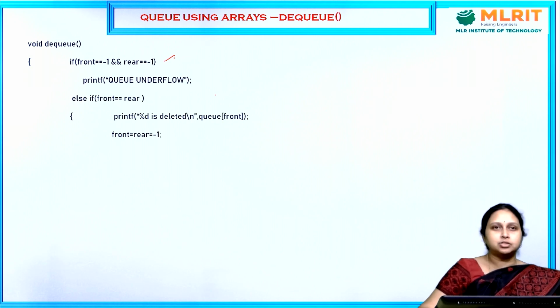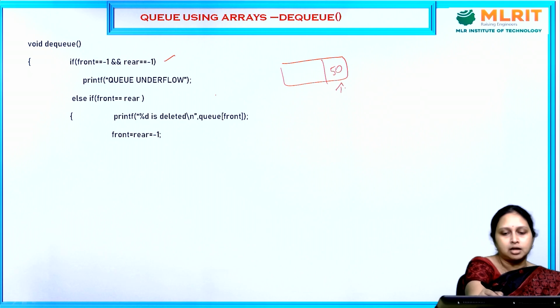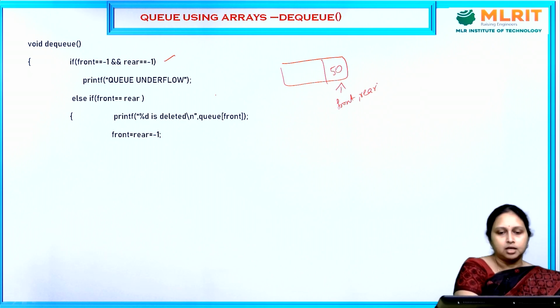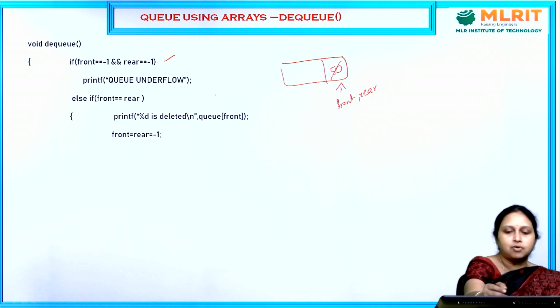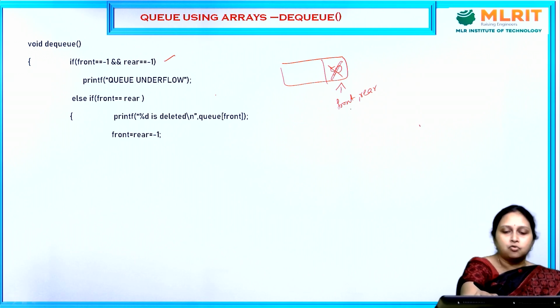And how does it reach front equal to -1 and rear equal to -1? Just observe. If I have a list with only one element and front and rear are pointing to the same location, and I delete this element from the list, now front and rear are pointing to -1.